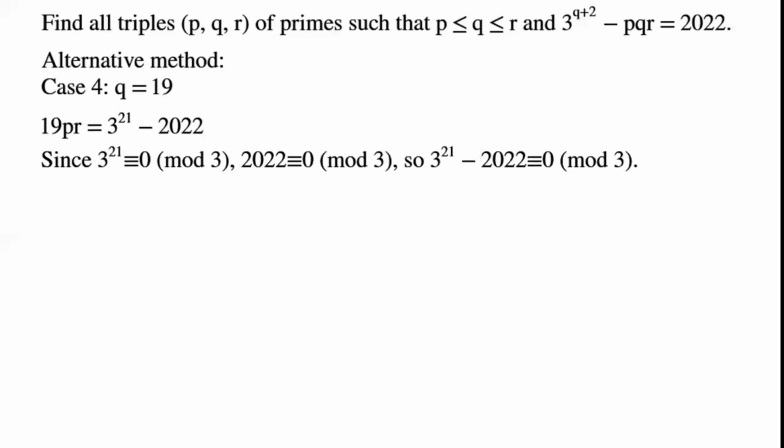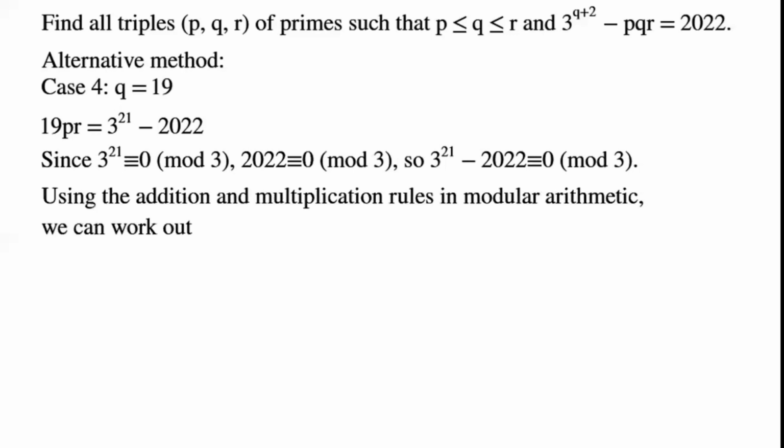Since 3 to the power of 21 is congruent to 0 mod 3, and 2022 is congruent to 0 mod 3, 3 to the power of 21 minus 2022 is congruent to 0 mod 3.